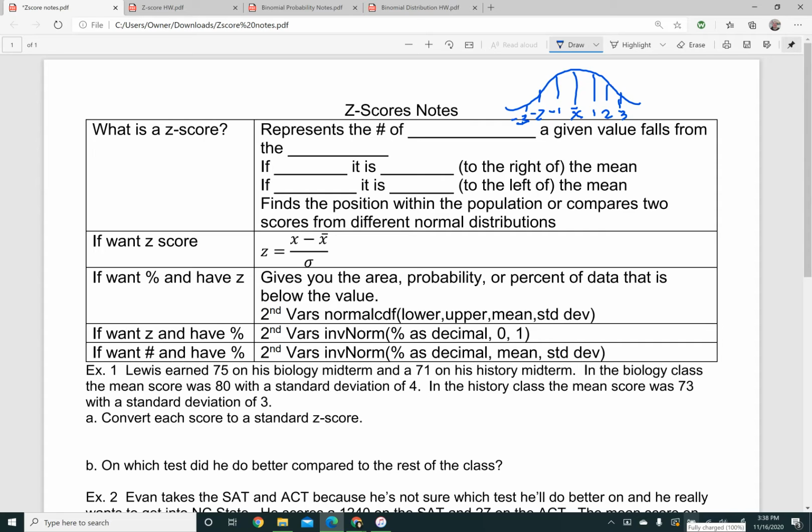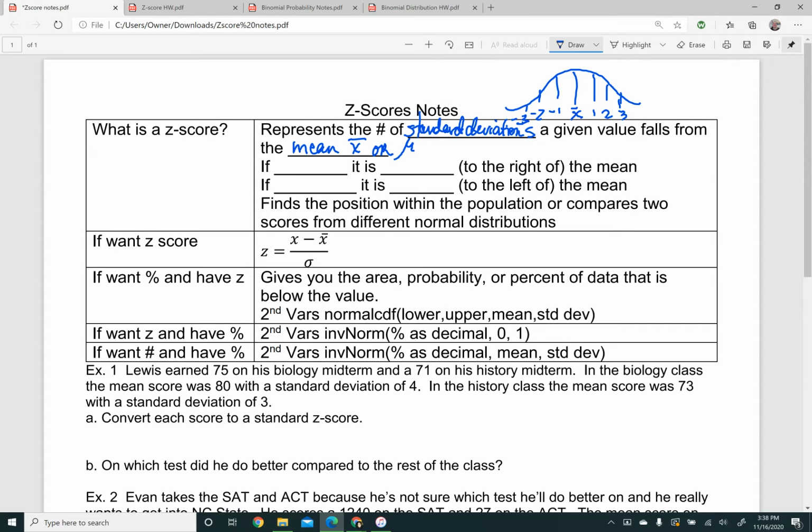So the z-score represents the number of standard deviations a given value falls from the mean. And we used X bar last week, one of our homework assignments, and in our calculator, it uses this symbol here, okay?